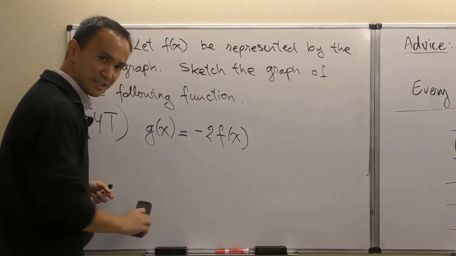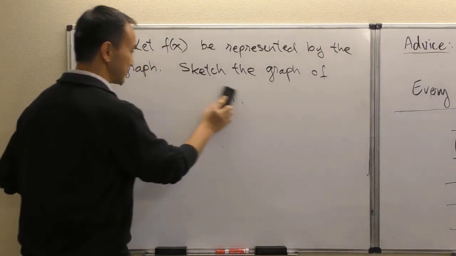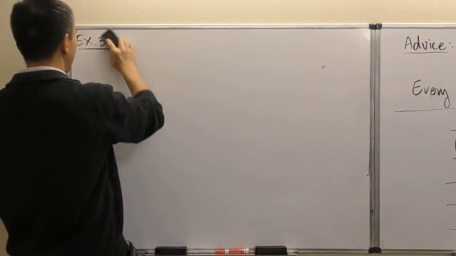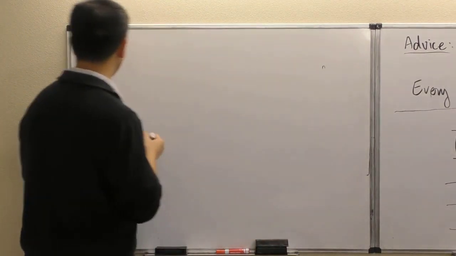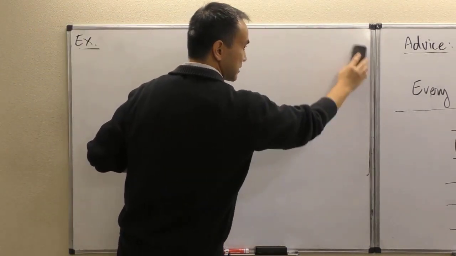All right, so let's now get ourselves into another class of problems through example 4. Now I'm going to spend some time writing down the worded instruction of the entire example.